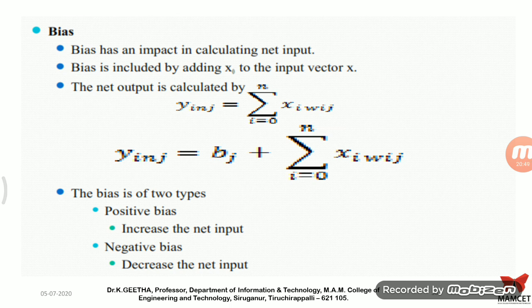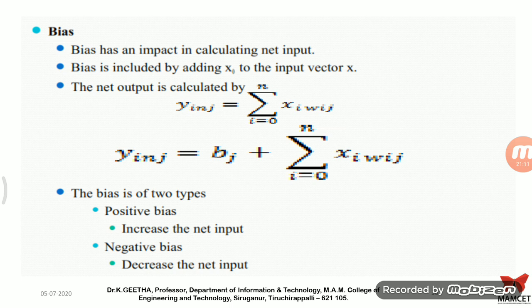Next one is the bias. Bias has an impact in calculating net input. The bias is included by adding x0 to the input vector x. The net output is calculated by y_inj = summation of i = 0 to n of xi wij, where xi is the input and wij is the weight.